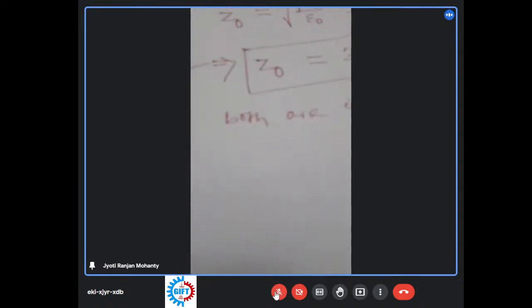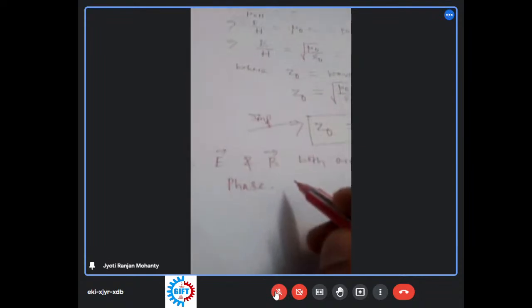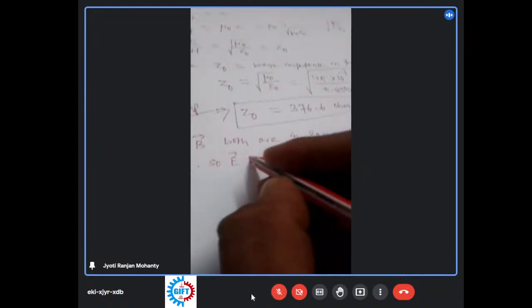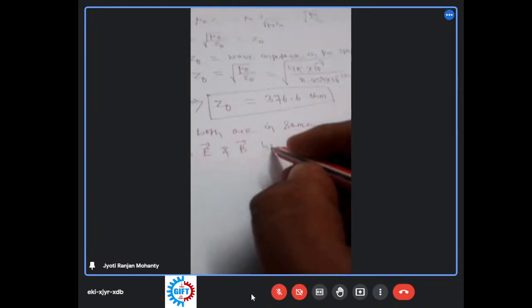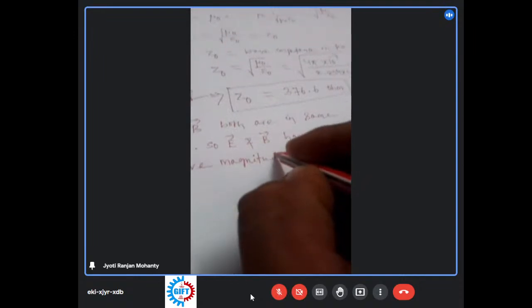So E and B have same relative magnitudes at all points at all times.